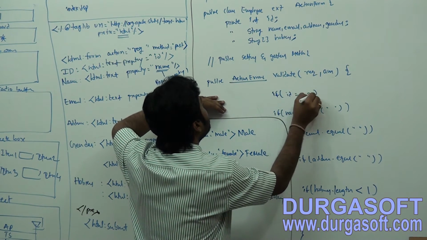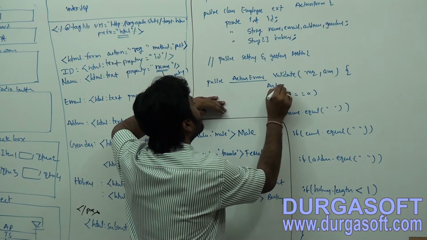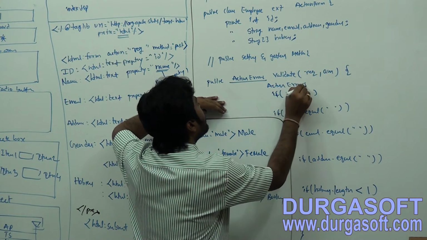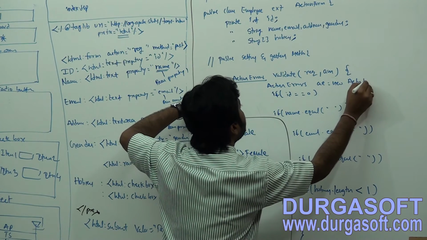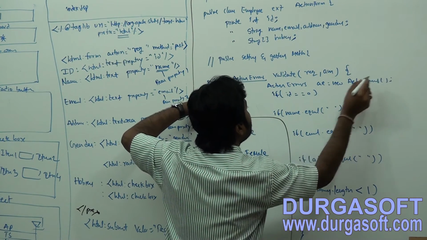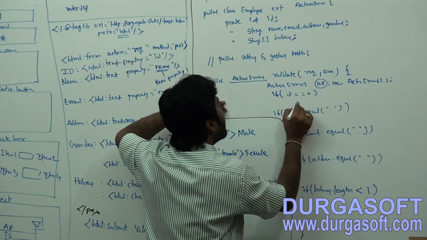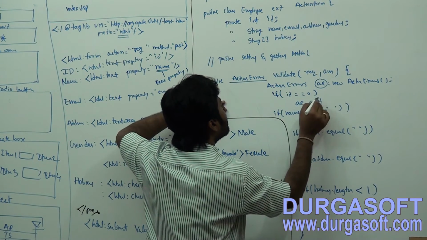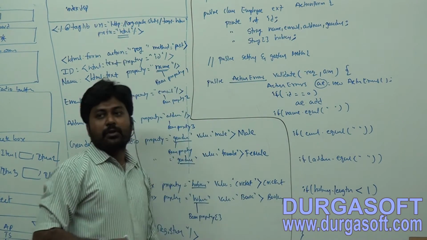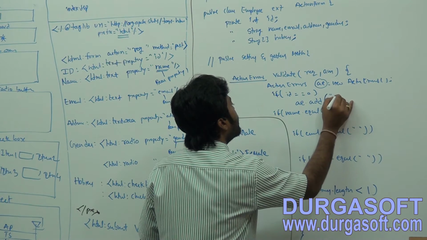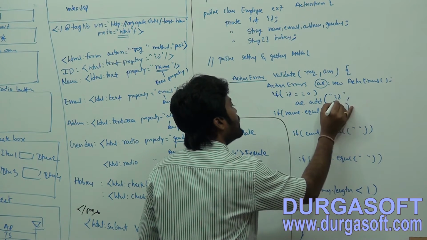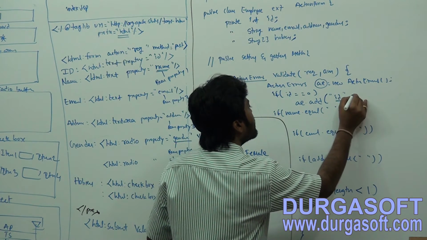So first create an ActionErrors object here: ActionErrors ae equals new ActionErrors. For this ActionErrors object, you can add your required error messages. They have given one method, the add method. By using this add method, if you want to add an error message to the ID field, you give your field name as well as the required error message.